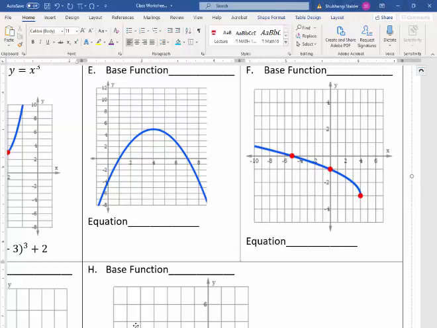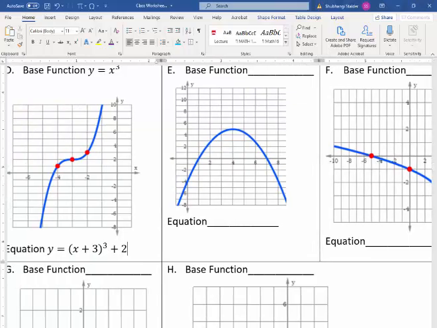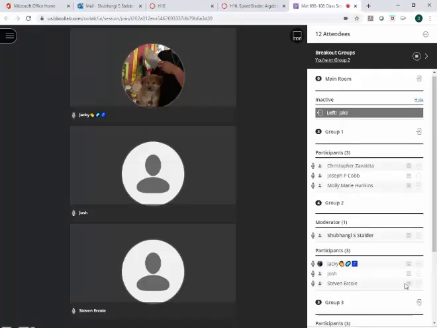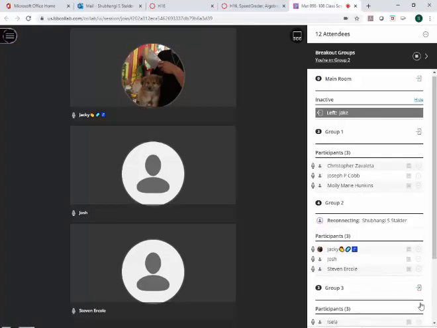It's sideways. Is it negative x? Yes, negative x. So negative square root of negative x plus 4, and then negative 3 on the outside. Perfect. Very good. I'll go check on the other group.